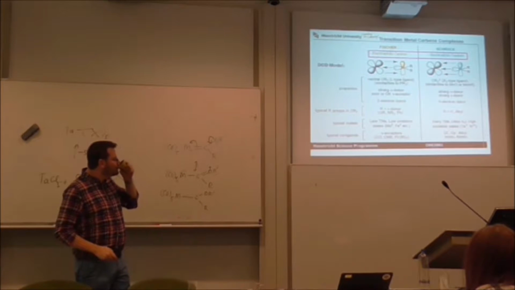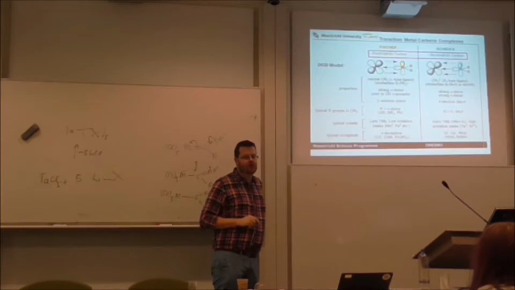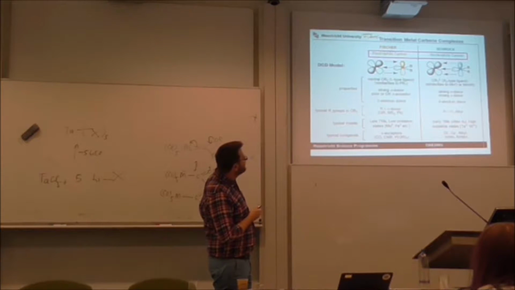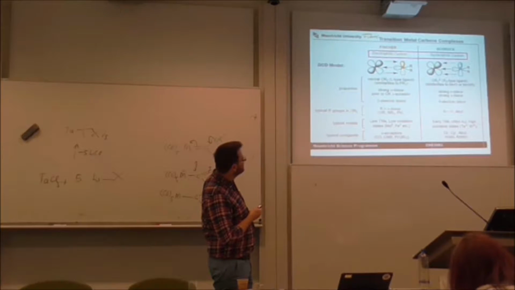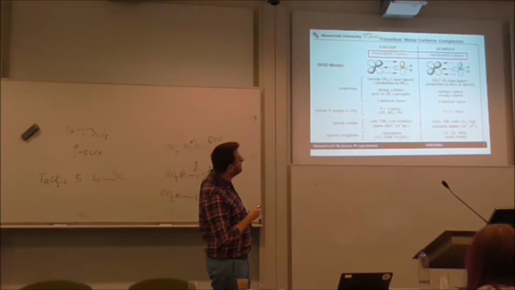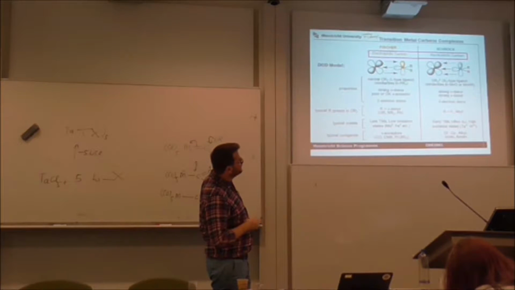And we tried to do that this morning in a tutorial, using the Dewar-Chatt-Duncanson model, DCD model, to represent the difference in terms of the bonding interaction. So you can think of a Fischer carbene essentially as being a neutral donor pushing electron density into a d metal. You have a pi back bond. Whereas with a Schrock carbene fragment, you can think of it as being something like that.